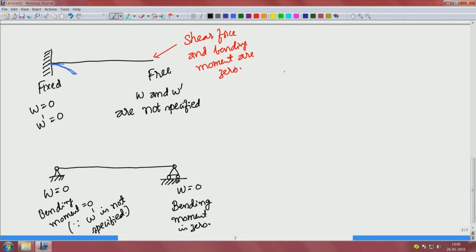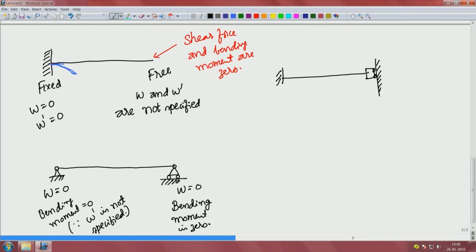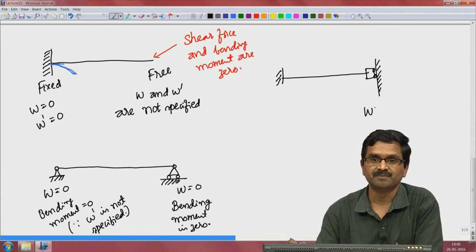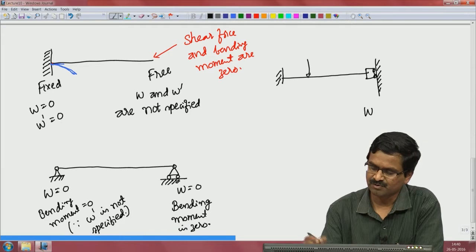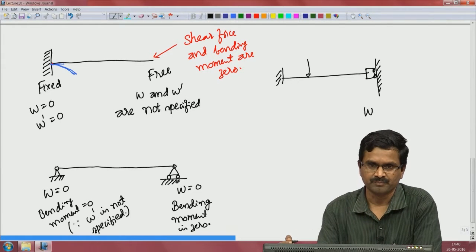Let us say we take this boundary condition, let us say fixed on one side, and this side I would let it slide along a vertical axis with a block moving. So, here W is not specified, it can be anything. Let us say I apply some loading here, it is going to move, right.